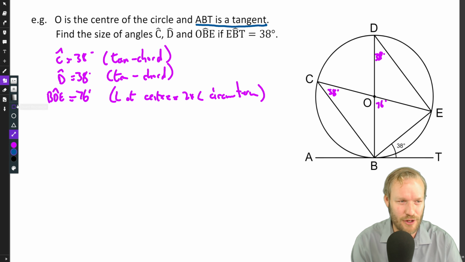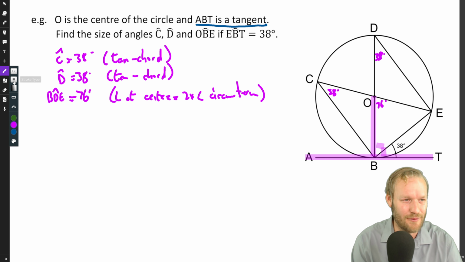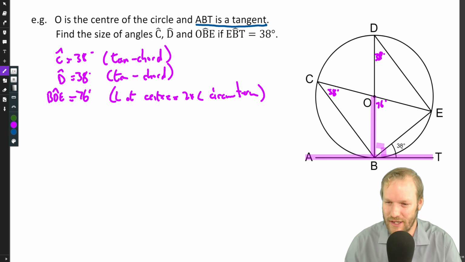what we should spot, you can hopefully spot it as I find the right cookie here, and that is that we've got a tangent and we've got a radius, and we know that the angle between the tangent and the radius is a wonky 90 degrees. So if that's 90, then we know that the angle in between, well, if that's 38, we're left with how much to get to 90?